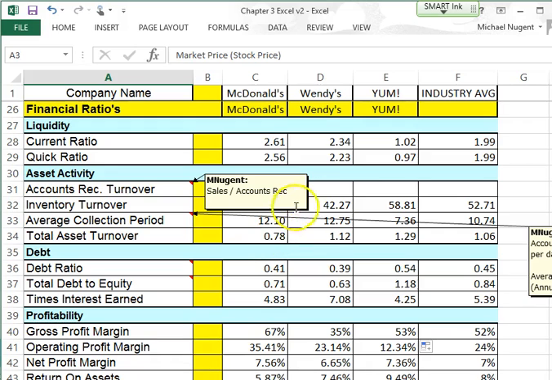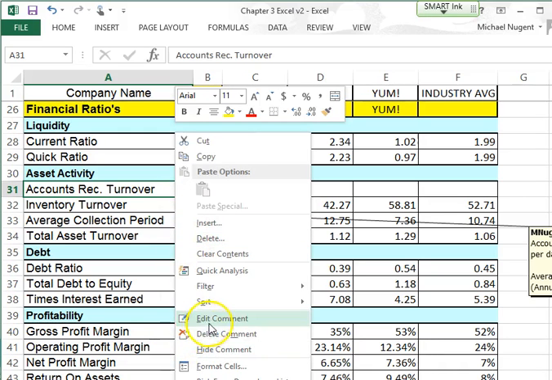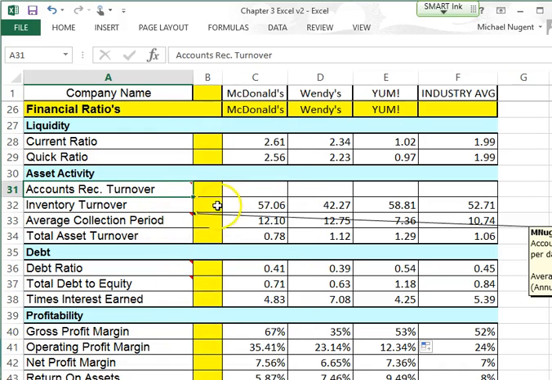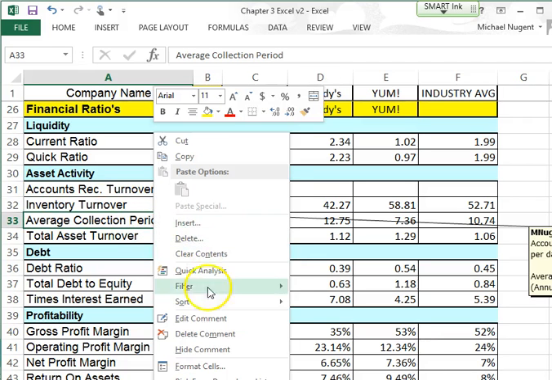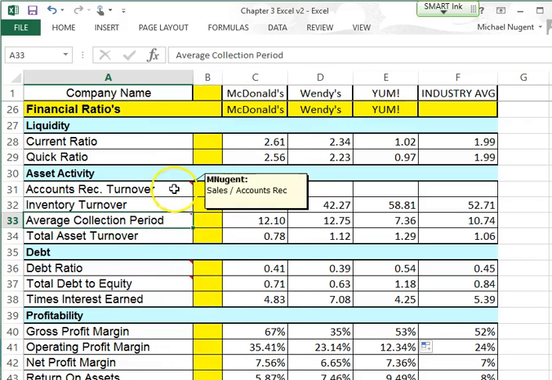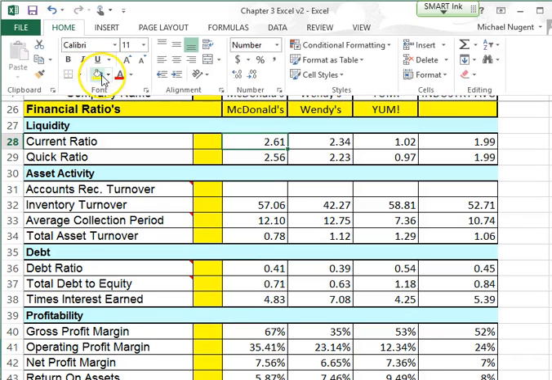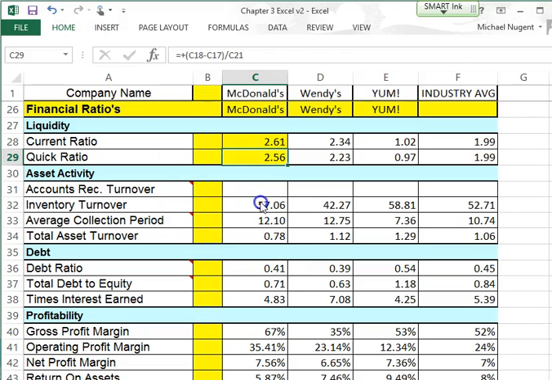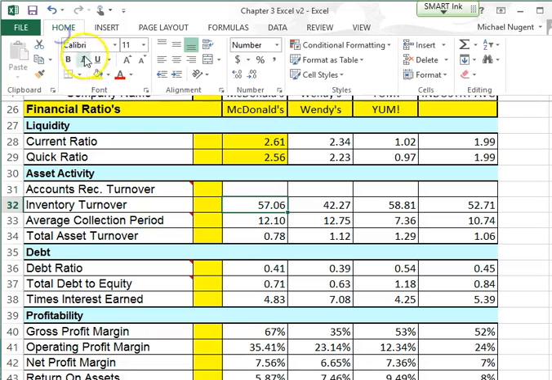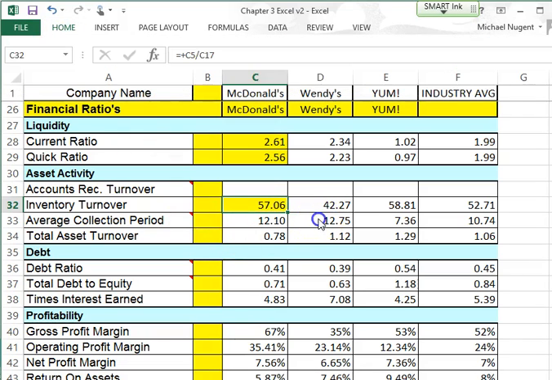And what we're trying to do is look at each ratio and figure out which is the best company to invest in. So one simplistic approach might be just to look and maybe highlight the company with the best ratio in each category to figure out who has the best set of ratios.